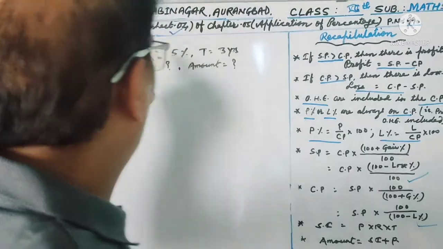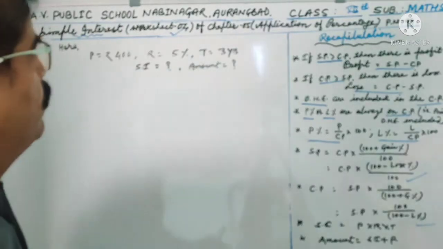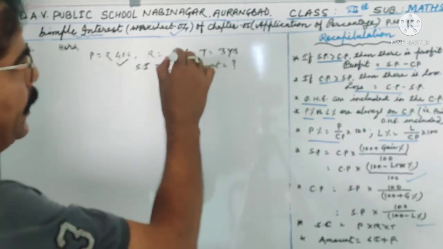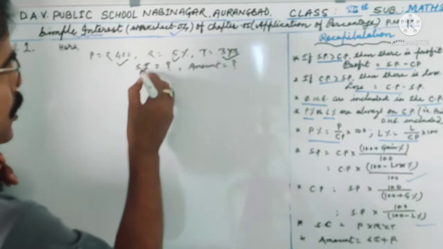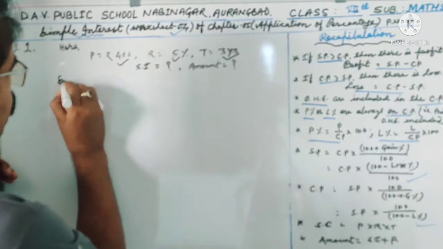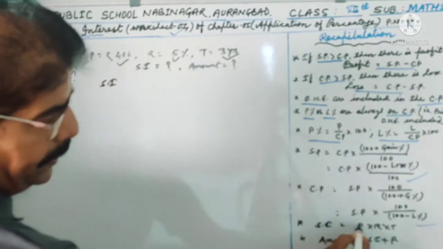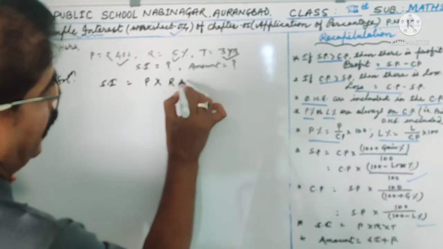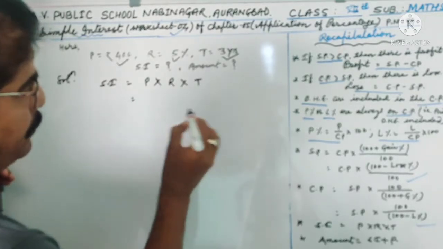The first question of worksheet 4 is: find simple interest and amount if principal is rupees 400, rate of interest 5% and T is 3 years. So first you find SI. We know that SI equals P into R into T, where P is principal, R is rate of interest and T is time in years.